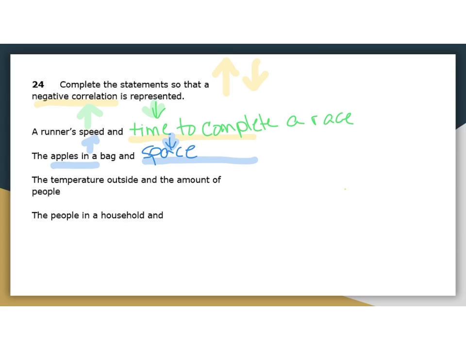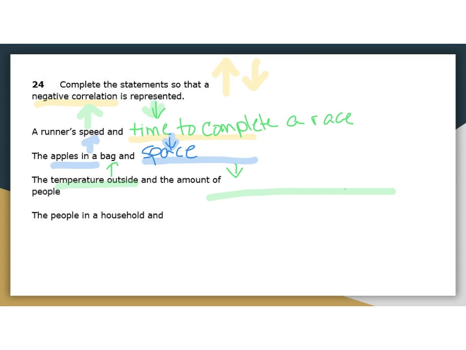Coming to the third one, the temperature outside, and then we are talking about the amount of people. What about these people is what we want to fill out. This one can be a little confusing for some, because when you think of the temperature outside, you have to think, okay, if the temperature is at 70 and it's going up to 80, 90, it's getting hotter, and what will we have fewer people do?